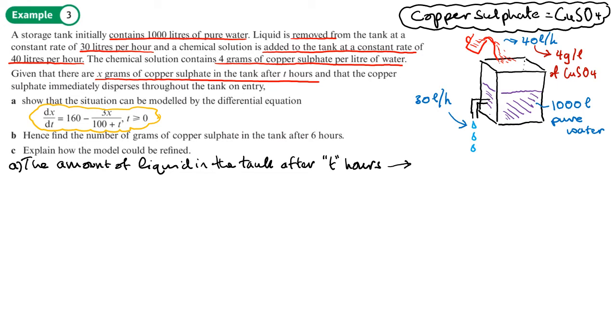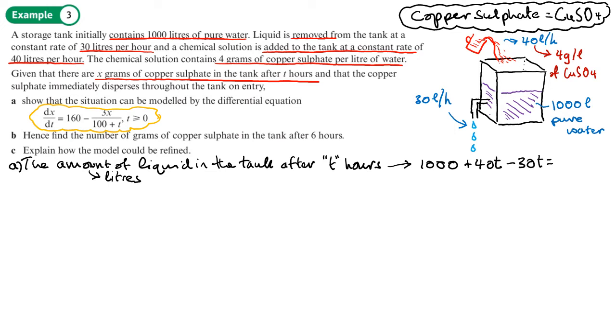Now, what have we got? Well, we've got 1,000 litres already there. And the amount of liquid, that's going to be in litres. Then we've got 40 litres per hour going in and 30 litres per hour taken out.